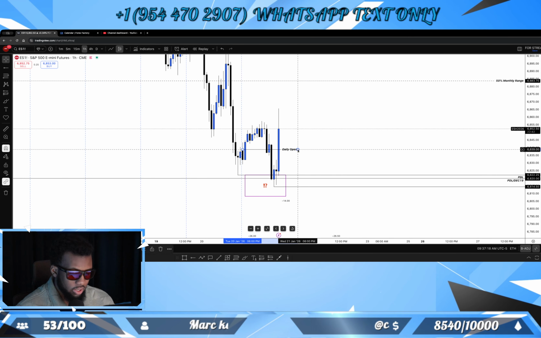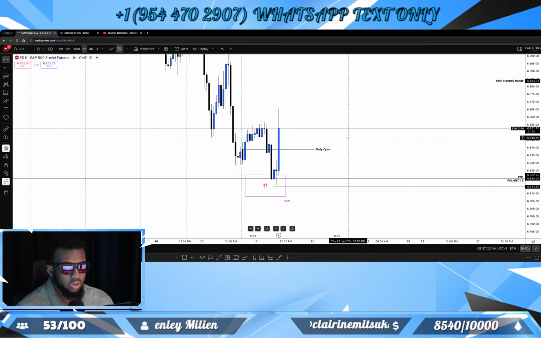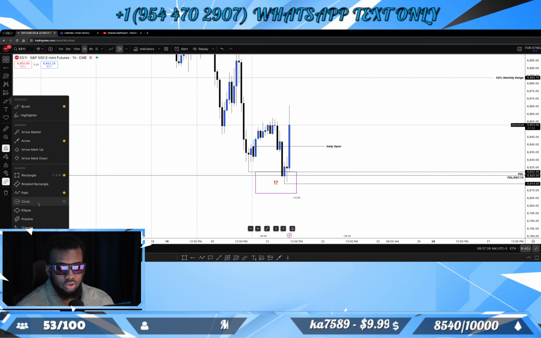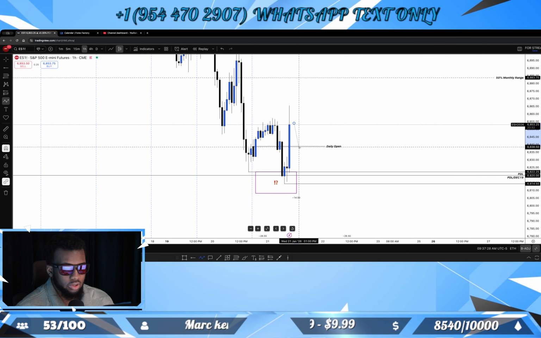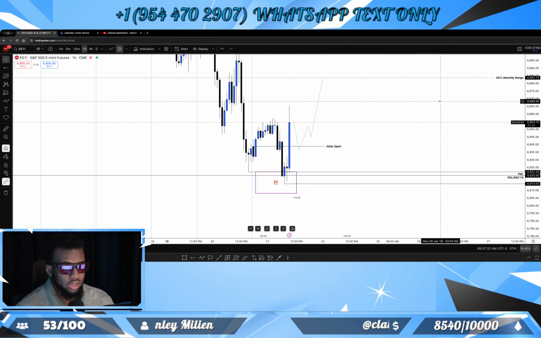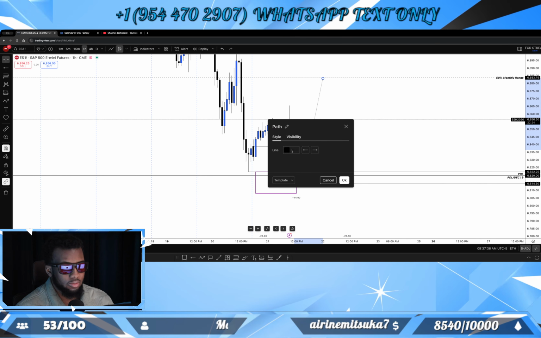We have this big candle, and we can see now we are reacting from it. All I want to see is a potential retracement to go higher. And that's gonna be the same thing for all of the indices.